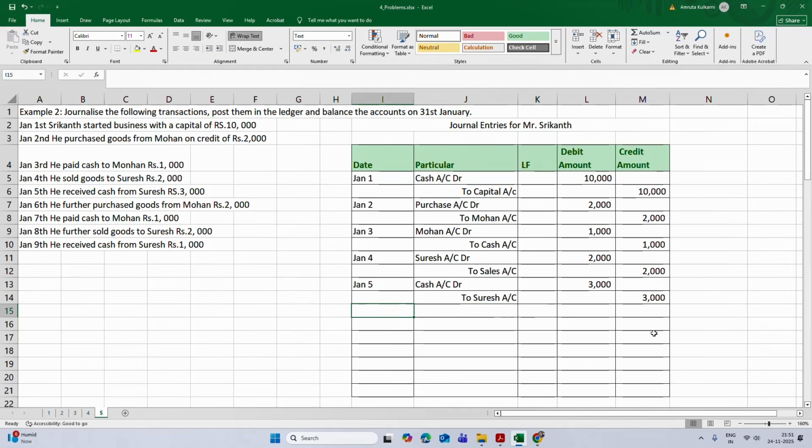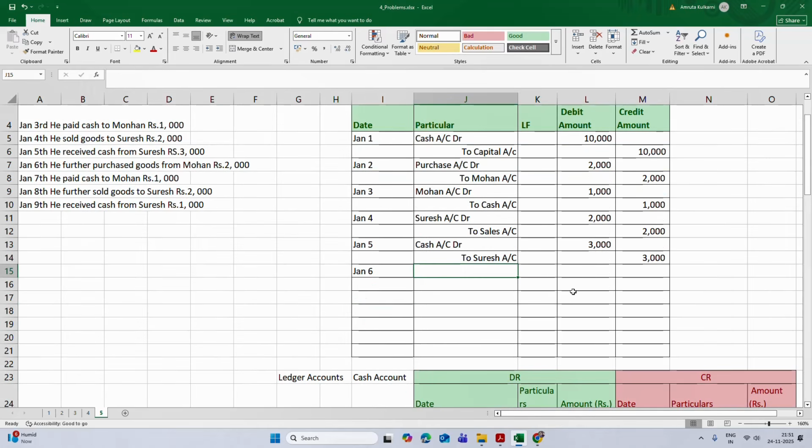Then on Jan 6 he further purchased goods from Mohan rupees 2,000. So purchase account will be debited worth rupees 2,000 and he has purchased these goods from Mohan. So Mohan account will be credited by 2,000.